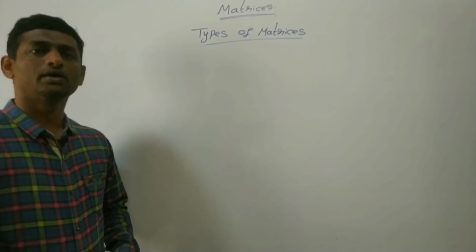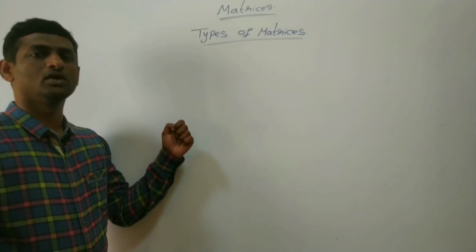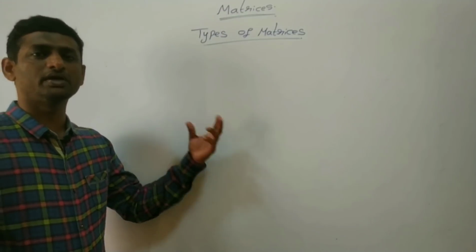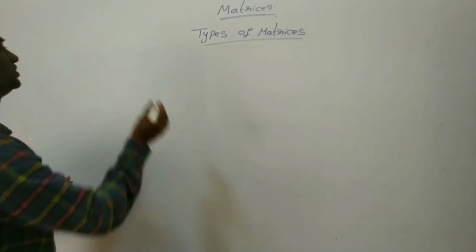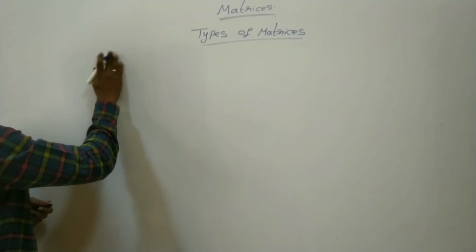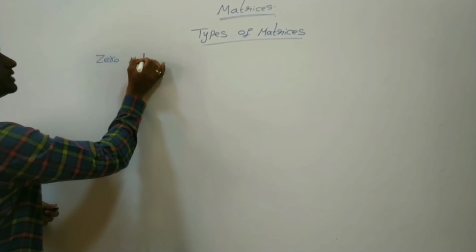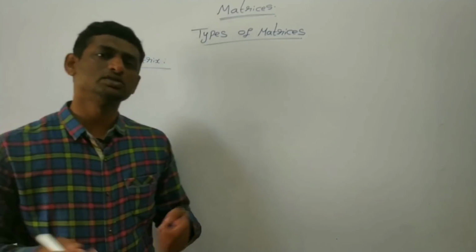Now we have seen what is a row matrix, what is a column matrix, what is a square matrix, and what are the principal diagonal elements. Now we will see one more type of matrix, that is the zero matrix. What is a zero matrix?